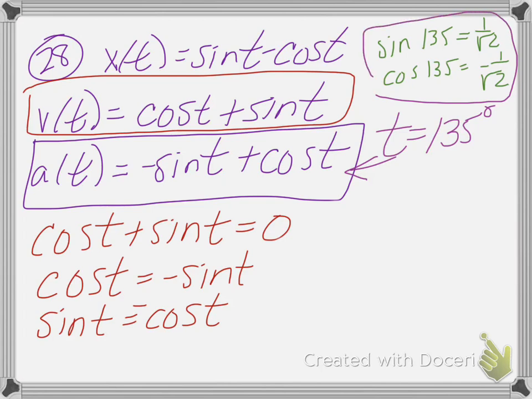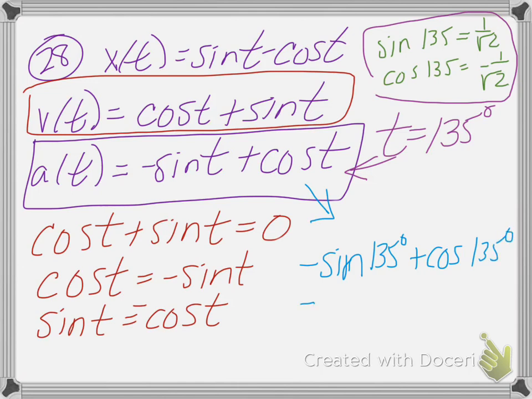Okay, so I'll get a different color going. Okay, so I'm going to substitute 135 degrees. So I have a negative sine of 135 degrees plus cosine of 135 degrees. Okay, so here's my negative.